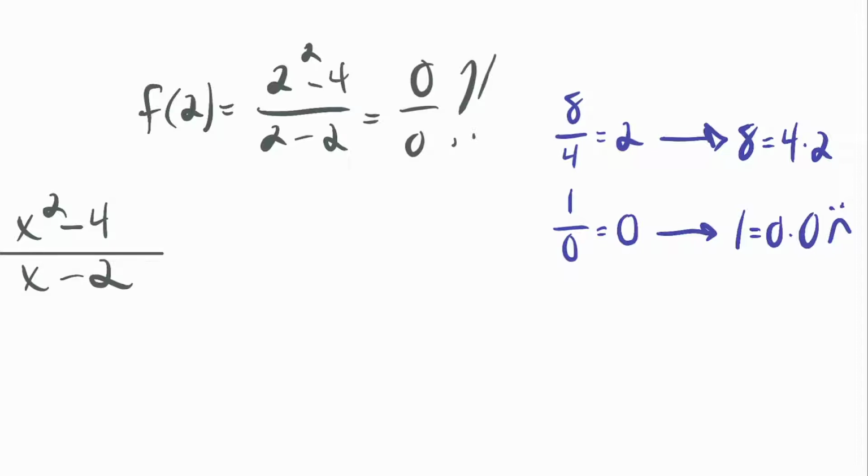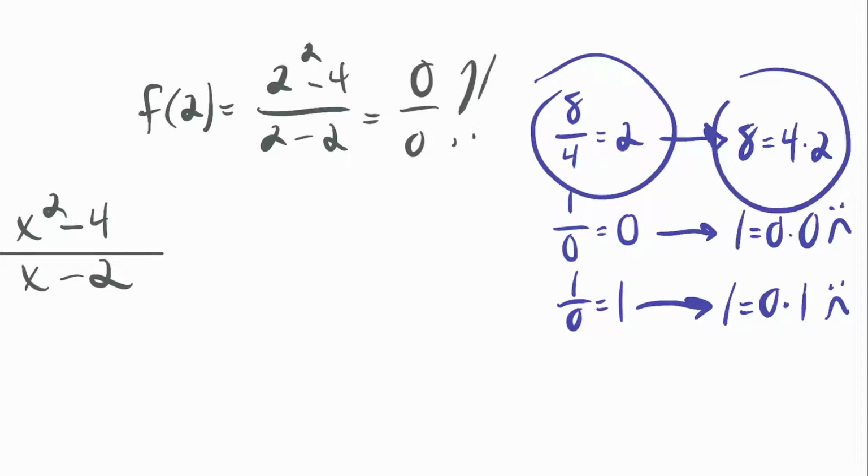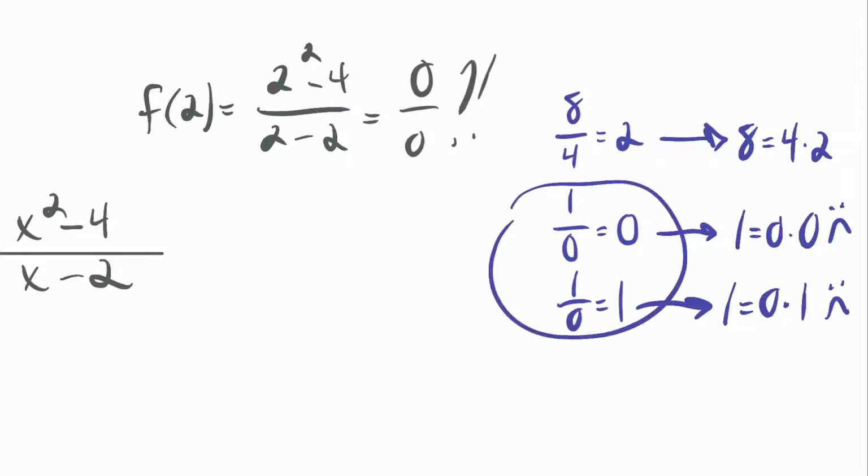And no matter what I try to put over here, like 1 over 0 equals 1, perhaps? If we do this transfer, put the 0 on the other side as a multiplier next to the other 1, so 1 equals 0 times 1. No, that's also wrong. That's just not true. So these statements are false because the associated multiplication statements are false. This one is true because this is true. These are both false because this is false.